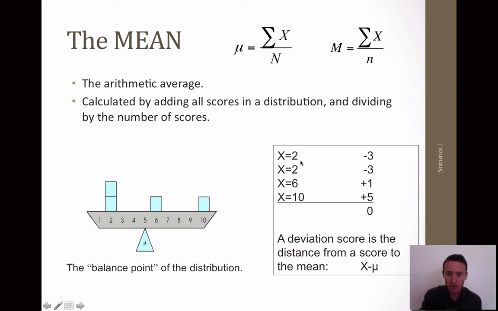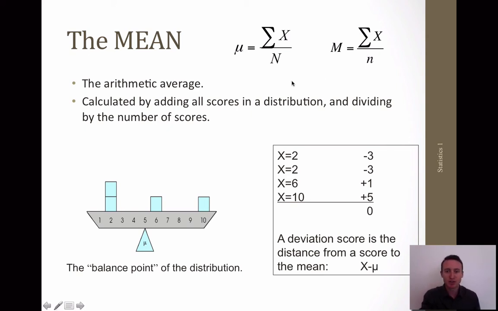So 2 plus 2 plus 6 plus 10 sums together as 20. That's up here, 20, divided by N, and there are 4 scores, so 20 divided by 4 is 5. The population mean is 5. Now, if you treated this like a sample, you would also get 5. So the calculations between a population and a sample are the exact same.